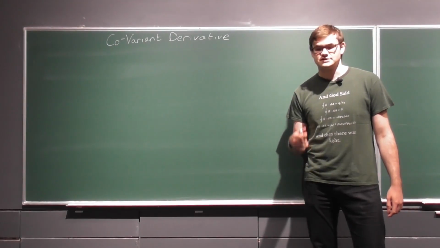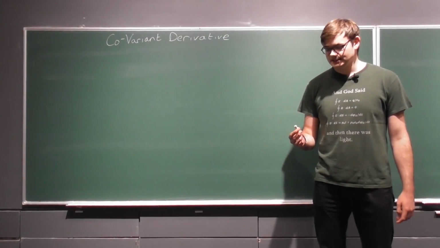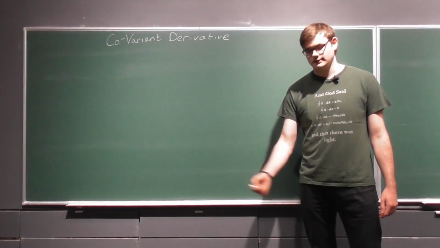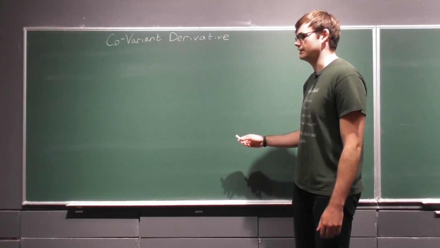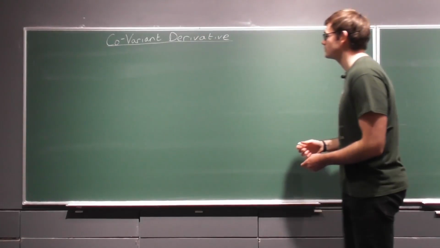Them being that this derivative should be coordinate independent, so we can gather that it's going to involve something that transforms like a tensor, so that it satisfies the principle of general covariance.